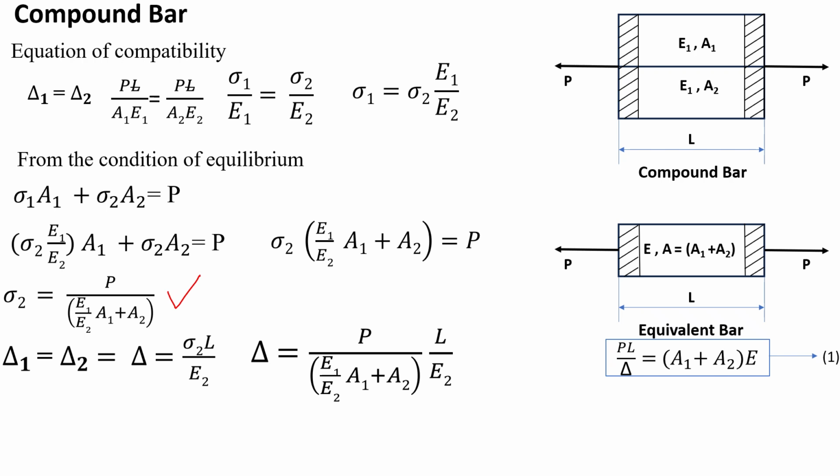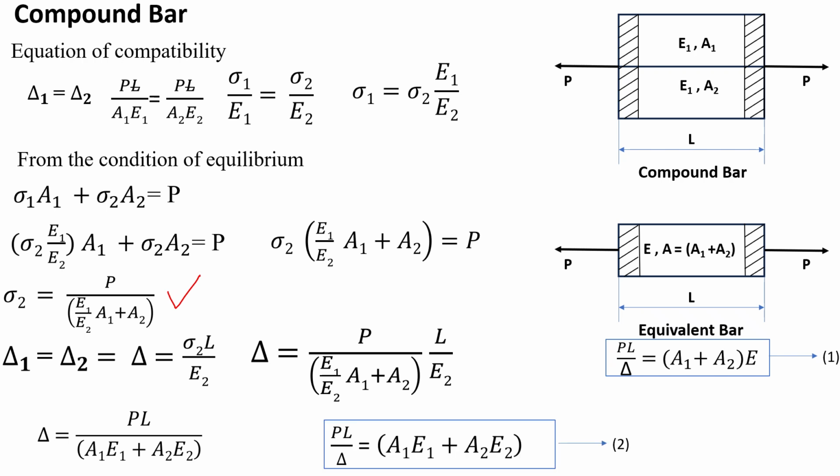Then delta becomes P into L divided by (E1 by E2 into A1 plus A2) into E2. Then delta becomes PL by (A1 E1 plus A2 E2). And from here, the PL by delta value becomes A1 E1 plus A2 E2.